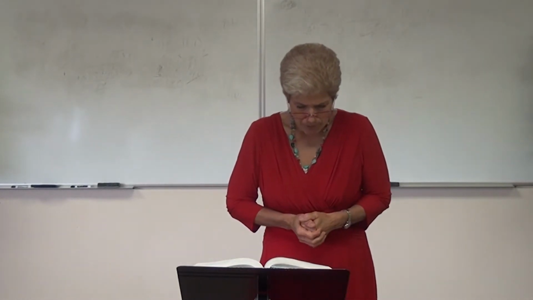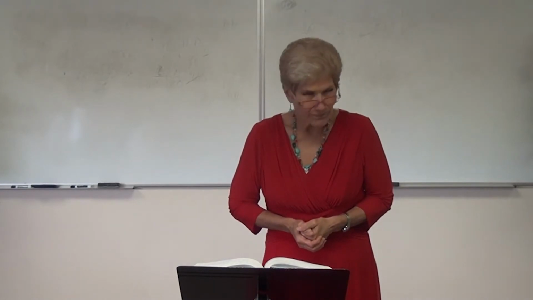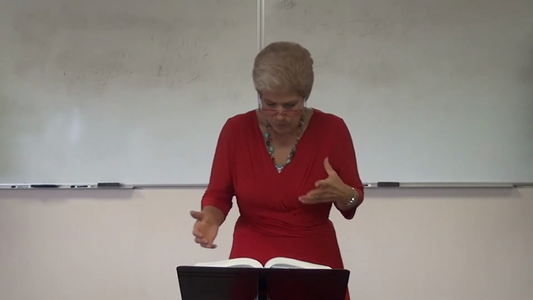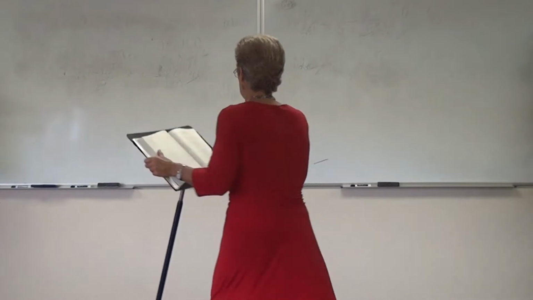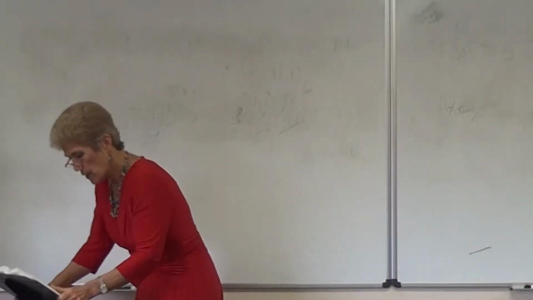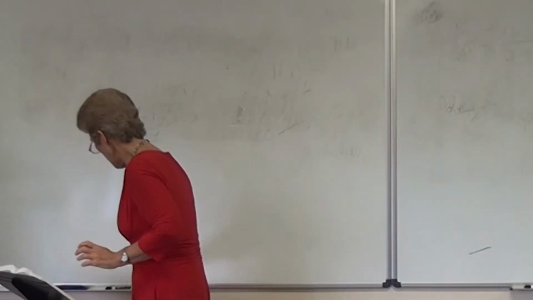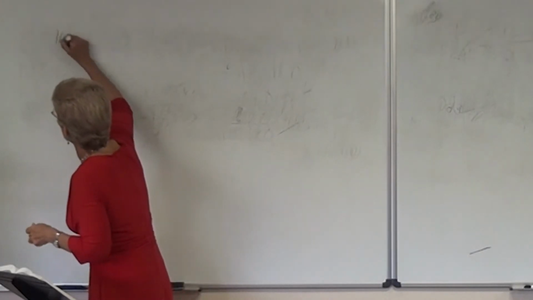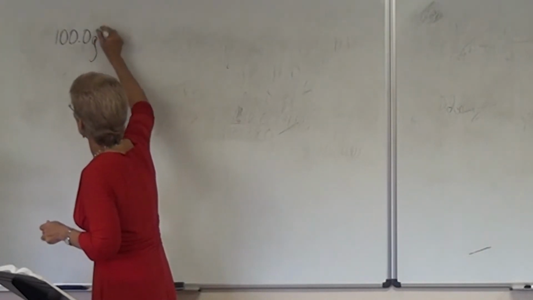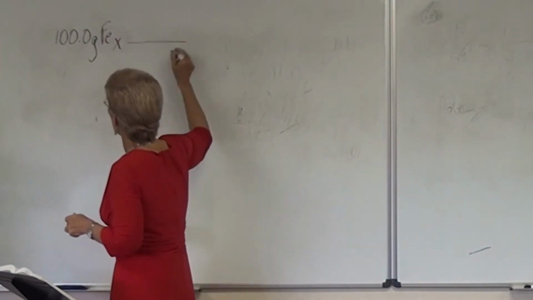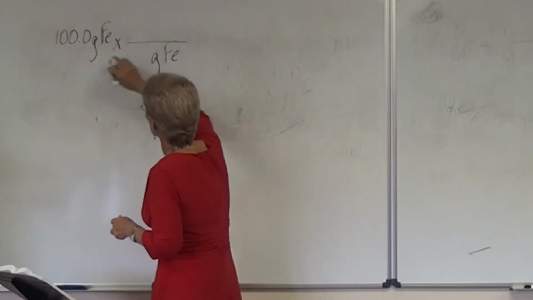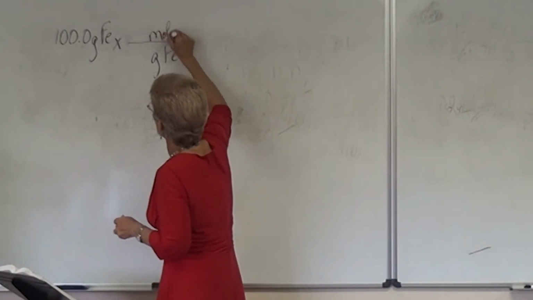All right, number 4. Indicate how many moles are contained in each of the following samples. I think we have time, so let's try. Okay. So we have 100 grams of iron. We want to know how many moles. 100.0 grams times line, grams of iron goes here, moles of iron.